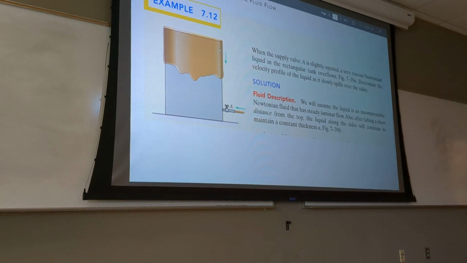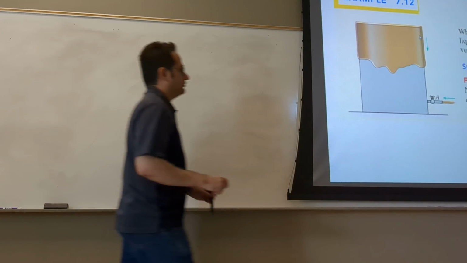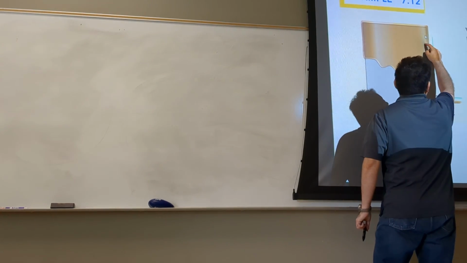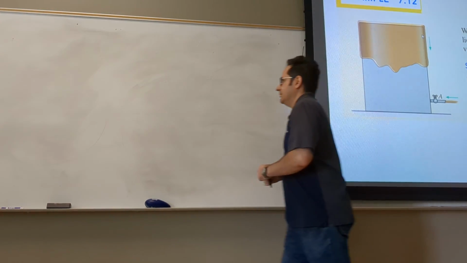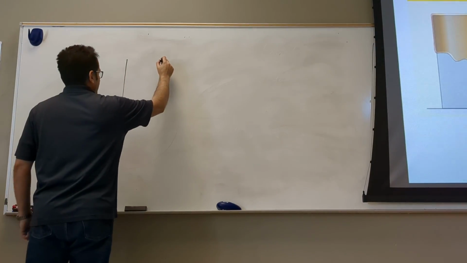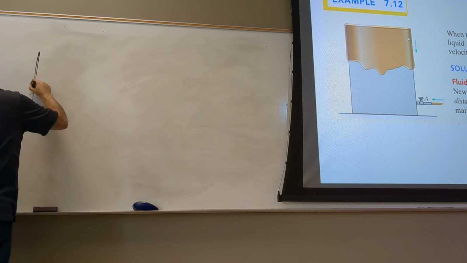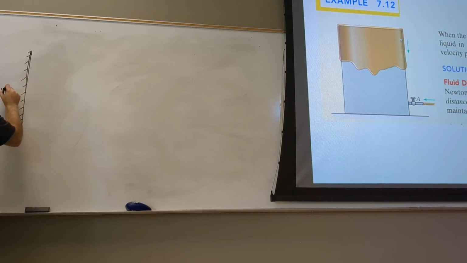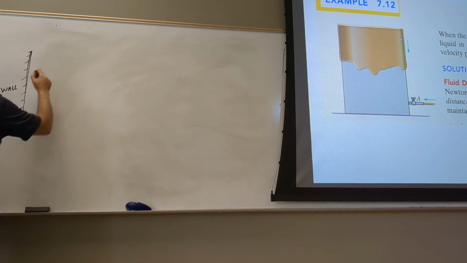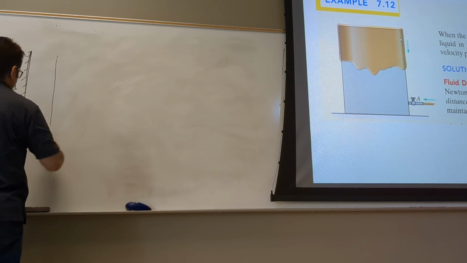The pattern you see is very similar. So let me draw it here. I'm taking a control volume on that, a tiny fraction of that, and the pattern is like this. And the flow is going down like this.